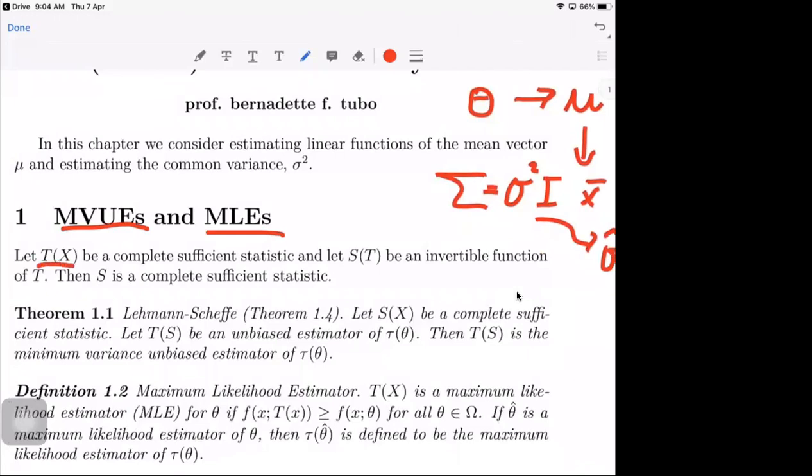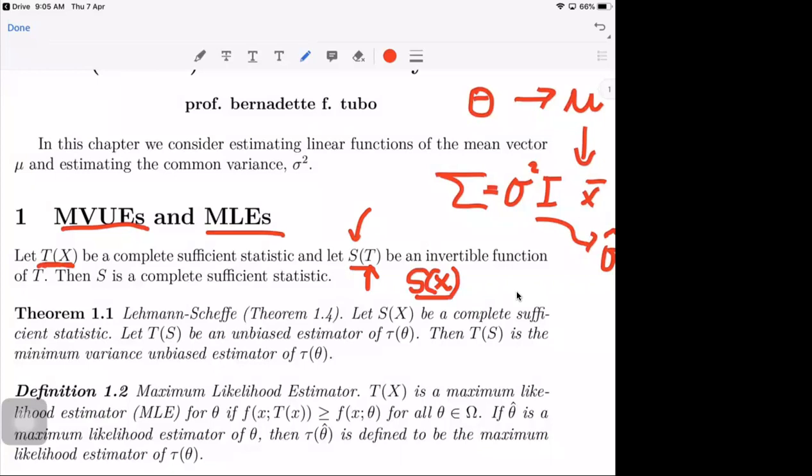So let T of X be a function of our x's, a complete sufficient statistic, and let S of T be an invertible function of T, then S is a complete sufficient statistic. So S of T, where T can be a function of X. So it can be S of X, a function of the original X values or X observations.